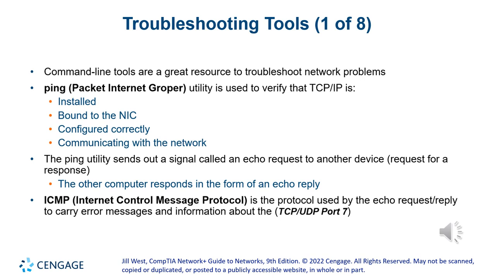It asks for a response, and it gives you a number that represents how many milliseconds it took that request to go out and come back in. It is installed on most systems. It's available on any Windows, any Mac, or any Linux machine. It's bound to the NIC card, so any NIC card on a computer can use ping. It is already configured and communicates with the network.